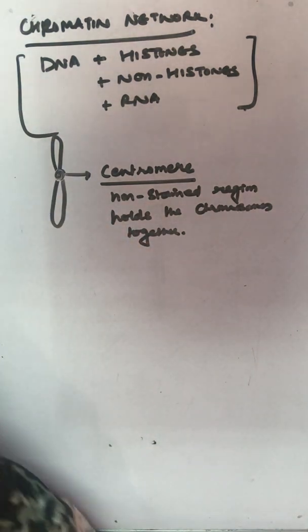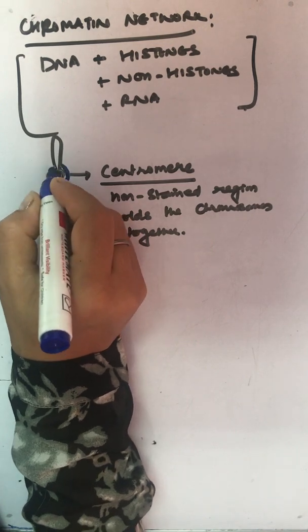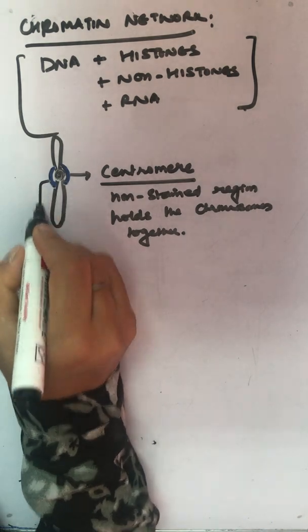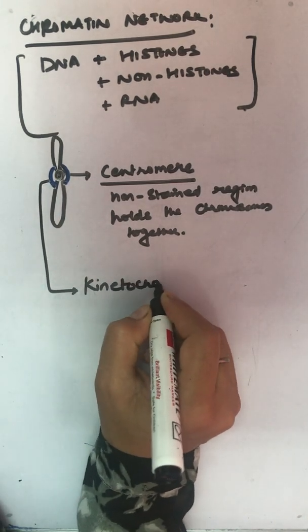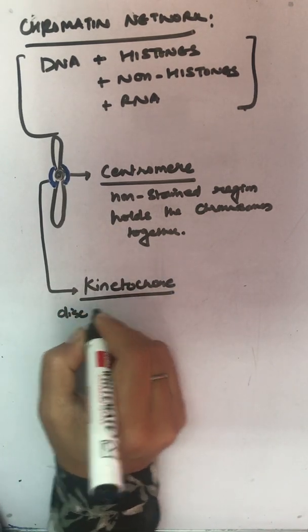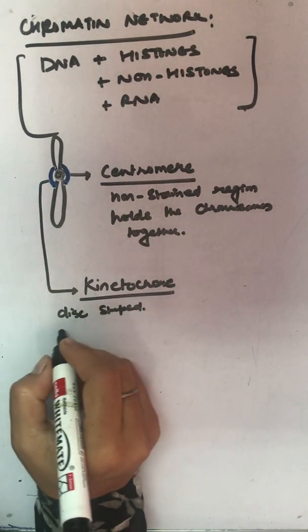These are the disc-shaped structures on the sides of the centromere. These are the kinetochores. We call them kinetochore. These are disc shaped on the sides of the centromere.